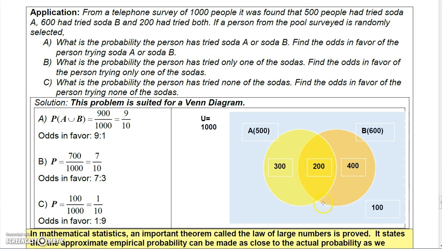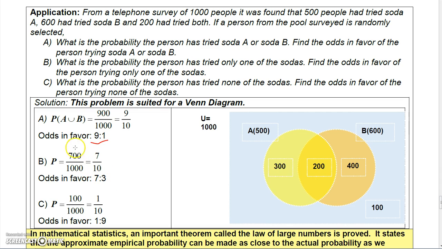Well, I drew a Venn diagram here, and from the Venn diagram you can see there's 300 plus 200 plus 400 that tried A or B, so that would be 900 out of 1,000, which is 9/10, and if you change that to odds, you get 9 to 1 odds in favor.